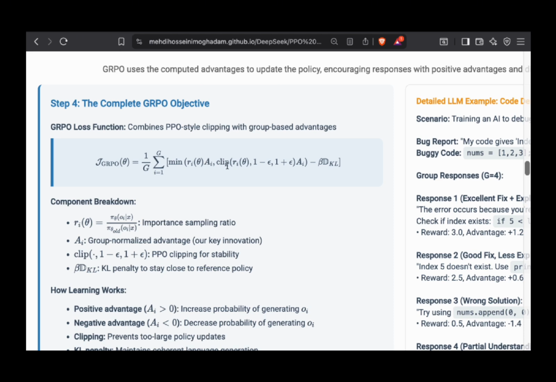And also we do the clipping, and this clipping is again just because we don't want to make huge updates.